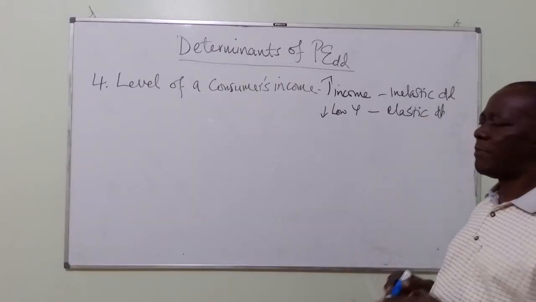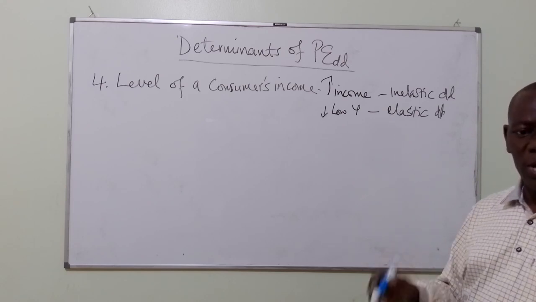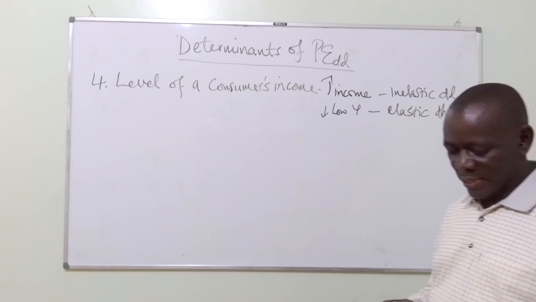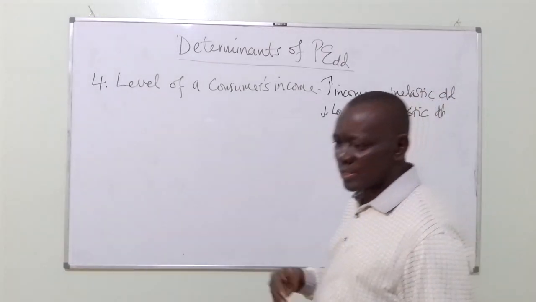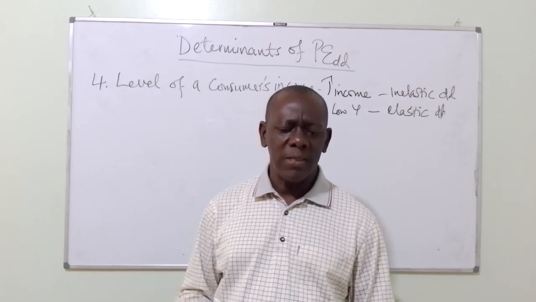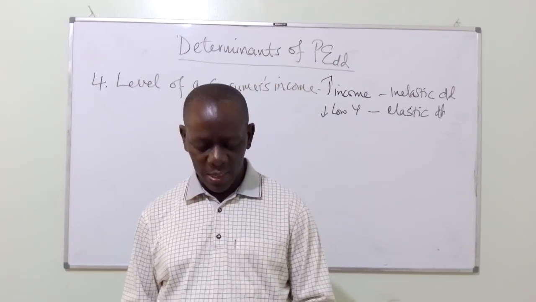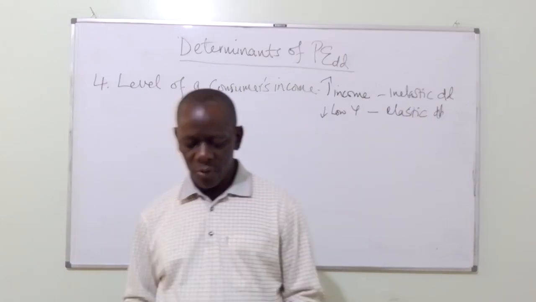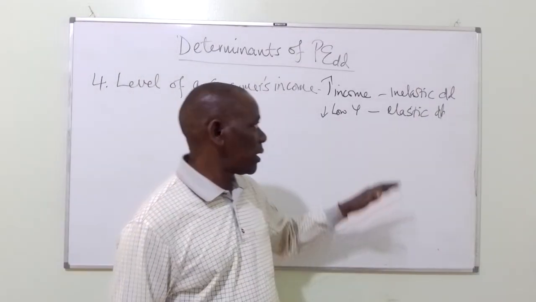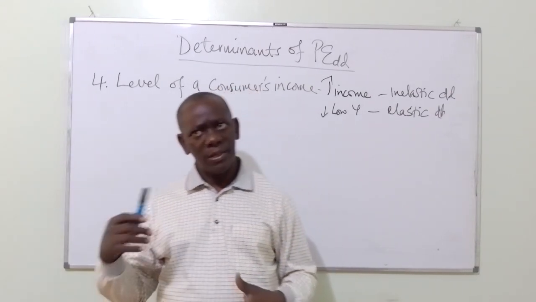When your income is low, I don't want to use the word poor, there is a tendency that most of the time, when the price changes, you reduce what you are buying because your income is not high. So low income people usually have elastic demand for whatever they are buying. He first thinks twice.